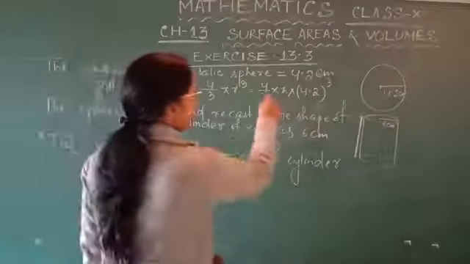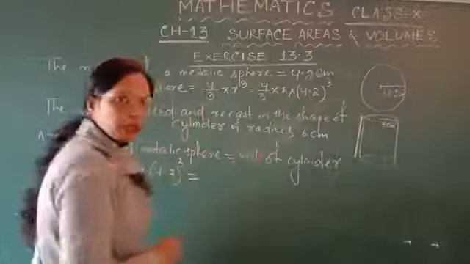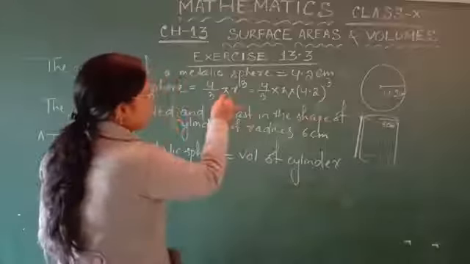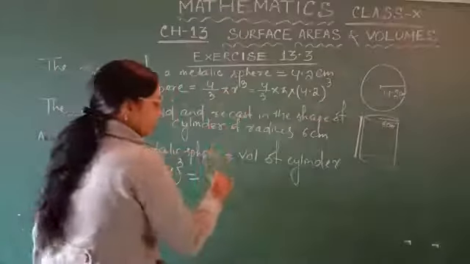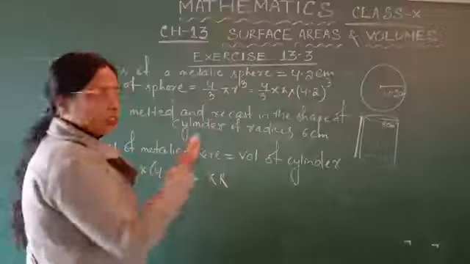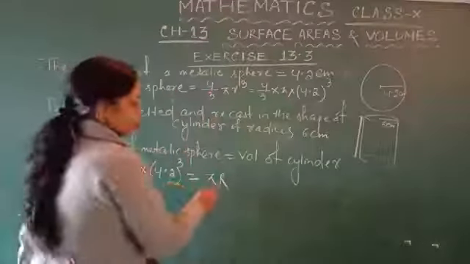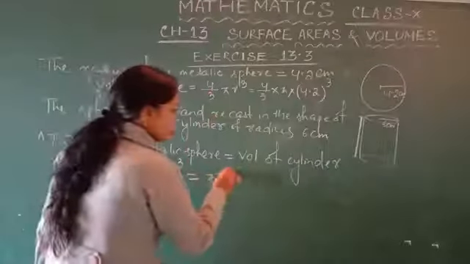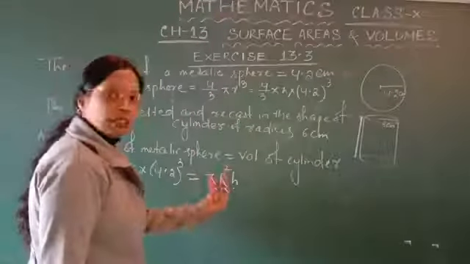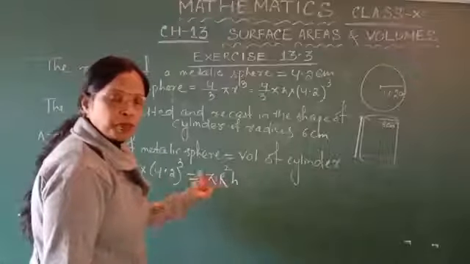Here the radius is 6 centimeter. So what is the formula for the volume of the cylinder? Pi r square h. Here you take the radius as capital R, because both are different shapes. This is the formula to find the volume of the cylinder.